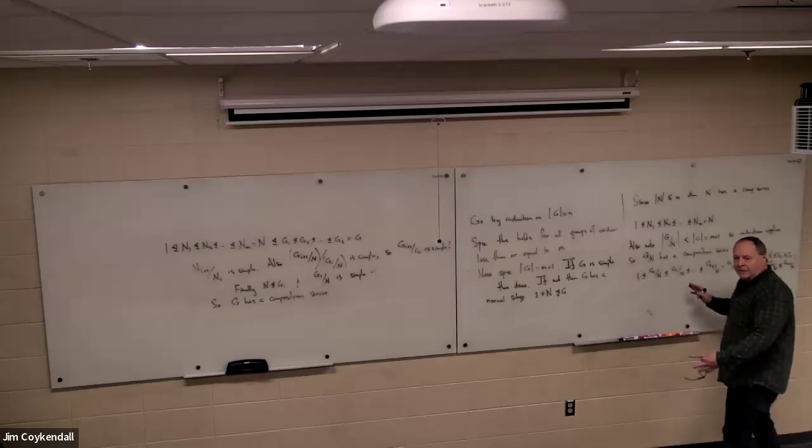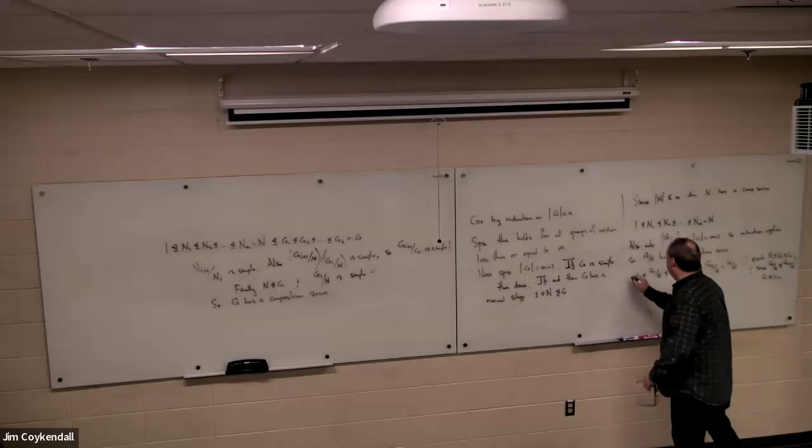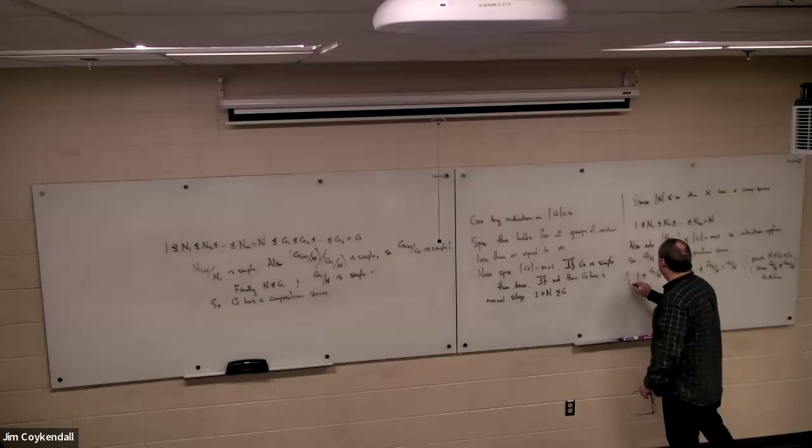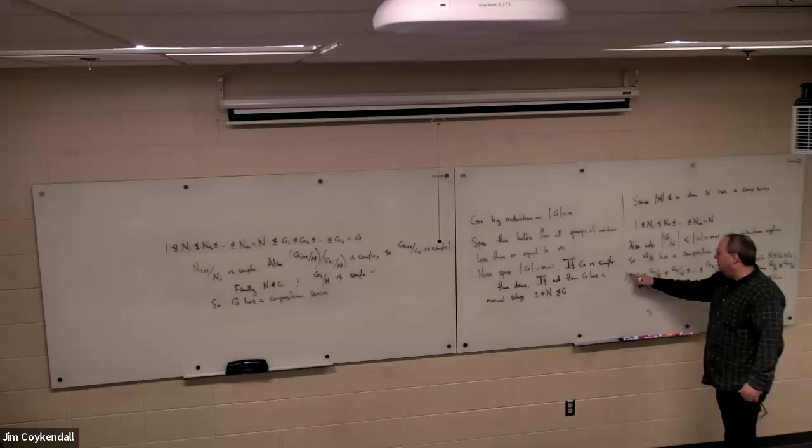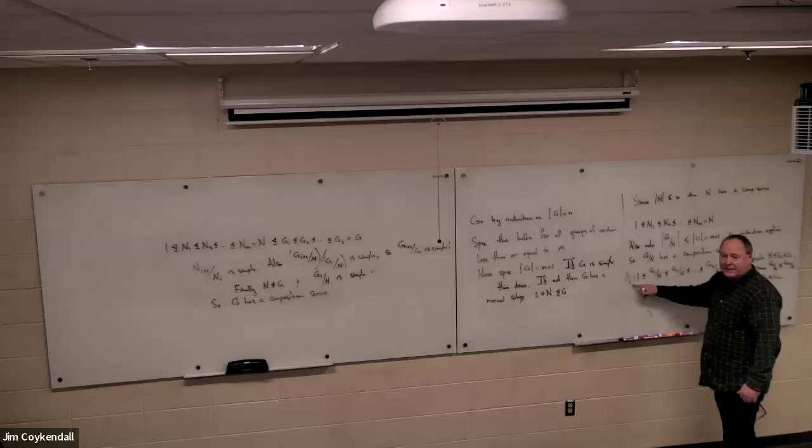And that really does make sense because of the third isomorphism theorem, because this one here, in this context, is N mod N. So this is the smallest, N equals N. So this quotient right here is the identity.